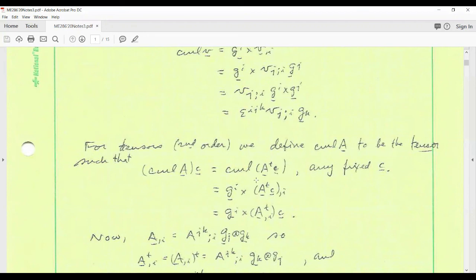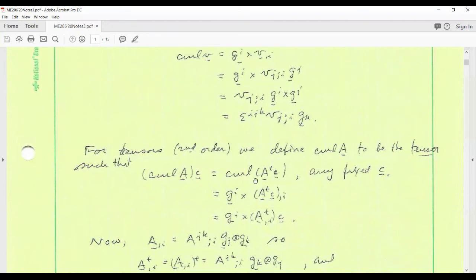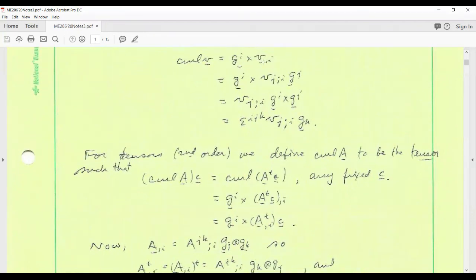c is fixed. To take the curl of a vector, I can use this top line here and just invoke this definition, this result. (A transpose c) comma i, use the fact that c is fixed.